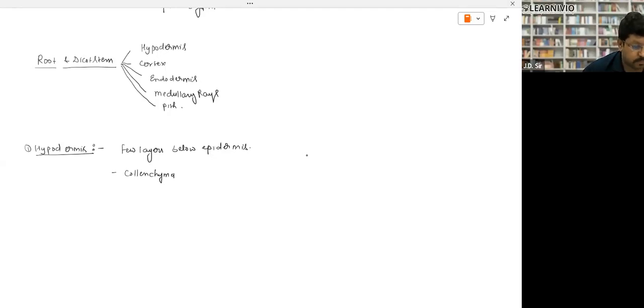It is made up of parenchyma or sclerenchyma cells.